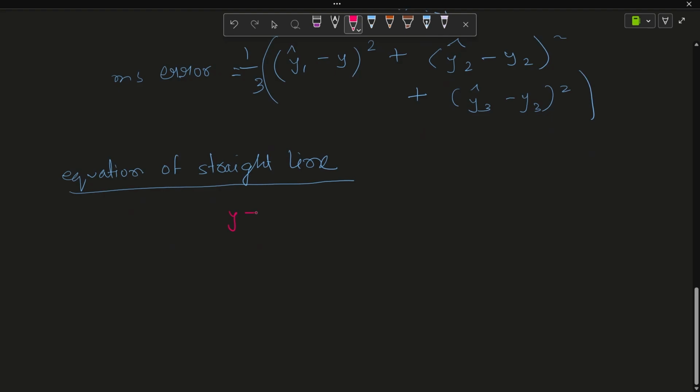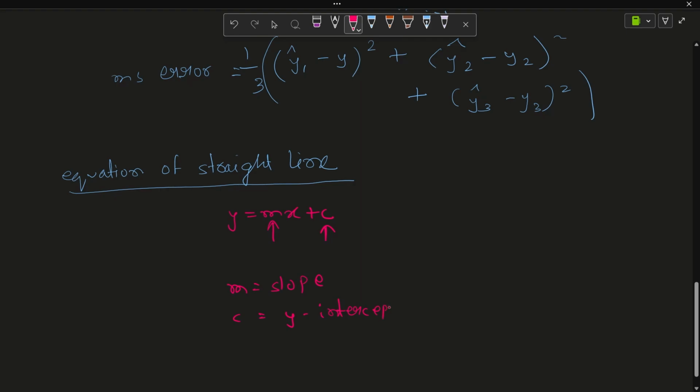It's y equal to mx plus c. So m and c. What do m and c stand for? Okay, m is the slope. What slope? What is that? And c is the y intercept. What y intercept? What is that also?